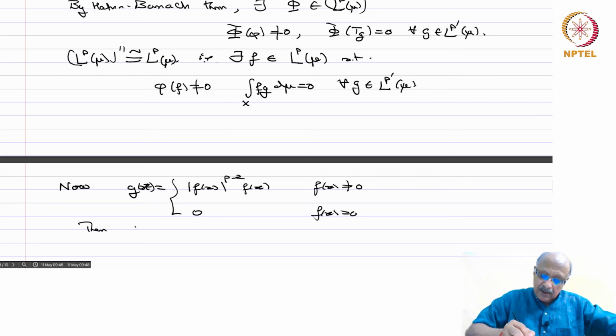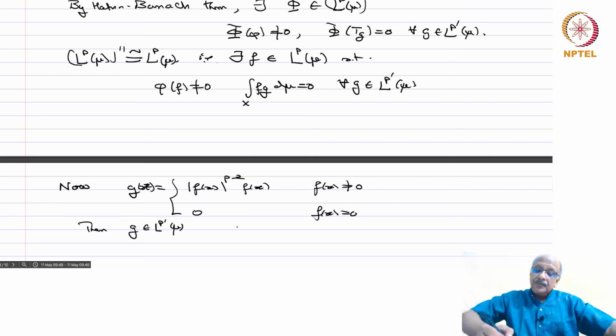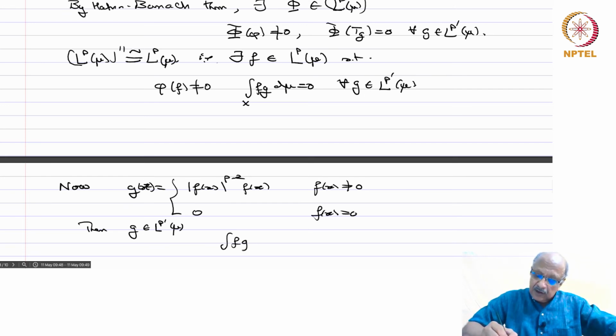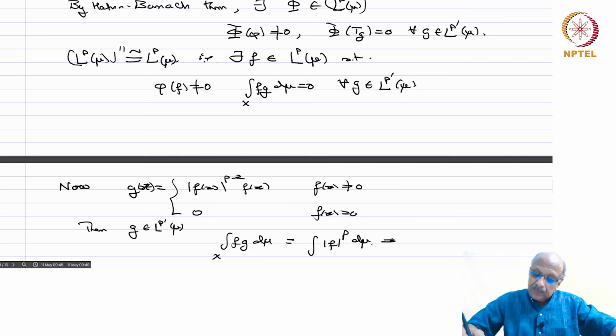Then g belongs to L^p'(μ), and therefore the integral of fg dμ over X is nothing but the integral of |f|^p dμ.